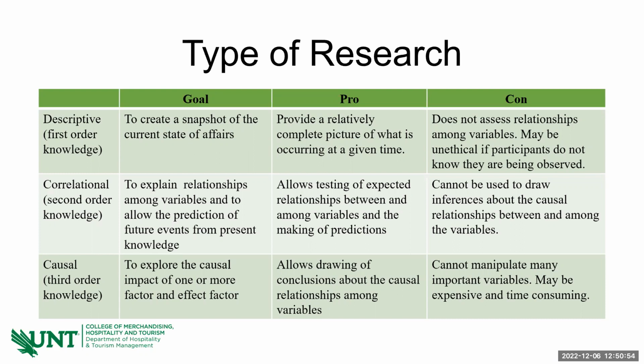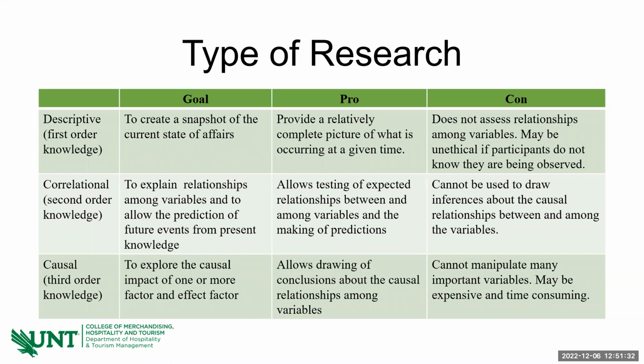And then our last type of research is called causal research, which generates third-order knowledge, which our industry and academia highly value. The typical examples are experiments. In this type of research, the scholars will control or manipulate the independent variable, and then they will measure the dependent variable to check the causal relationship between them.